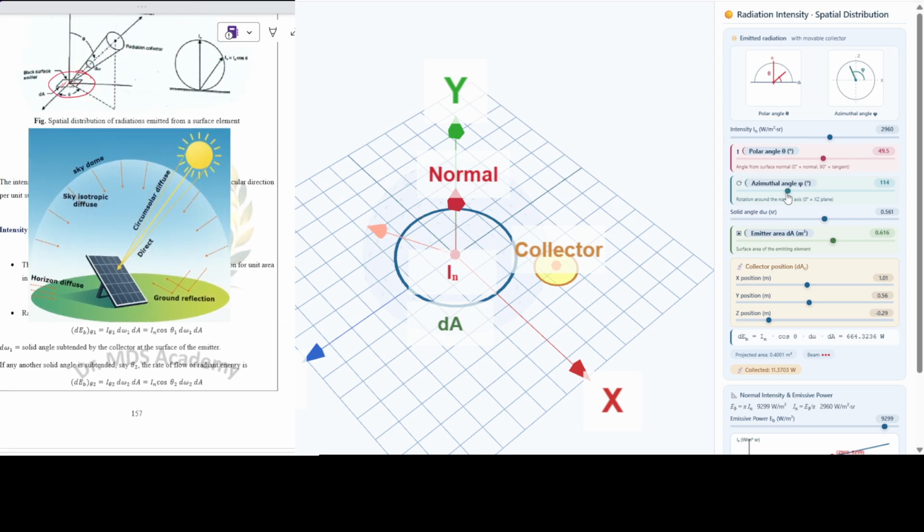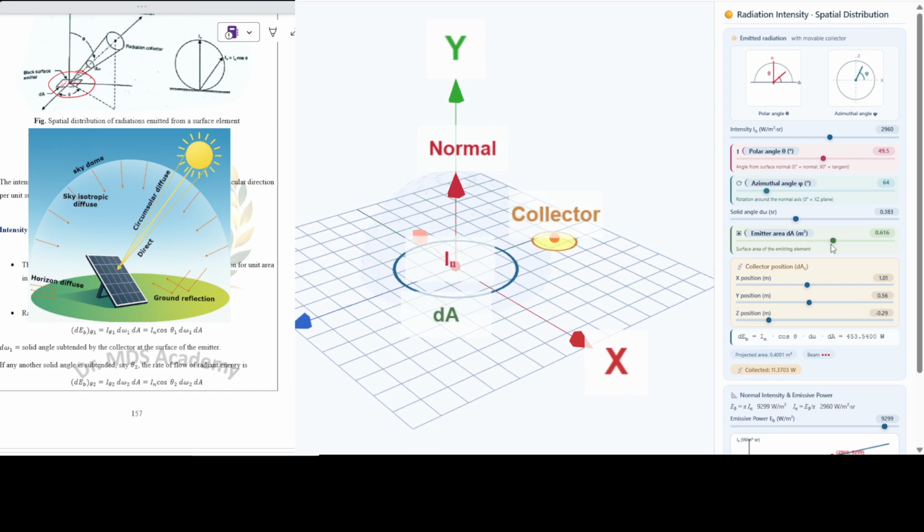There is no solid angle effect on the collector. The more the solid angle, the more the emissive power radiated by the emitter. For area dA, the more the area, the more the energy. See, the projection area is also changing here.